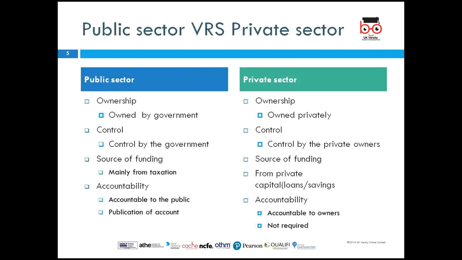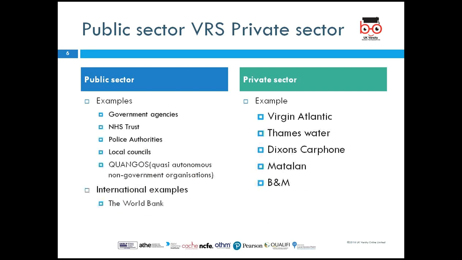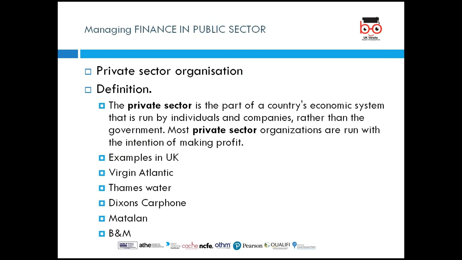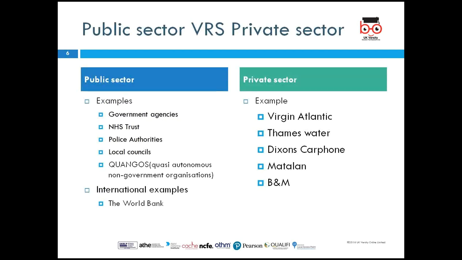And this lecture is focusing on assessment criteria 1.1 and 1.2. And then we were able to explain the distinction between public sector and the private sector. And then we gave examples of public sector companies, organizations, and the private sector ones.